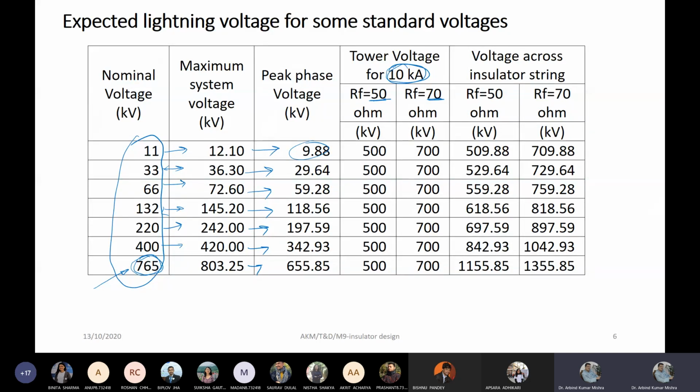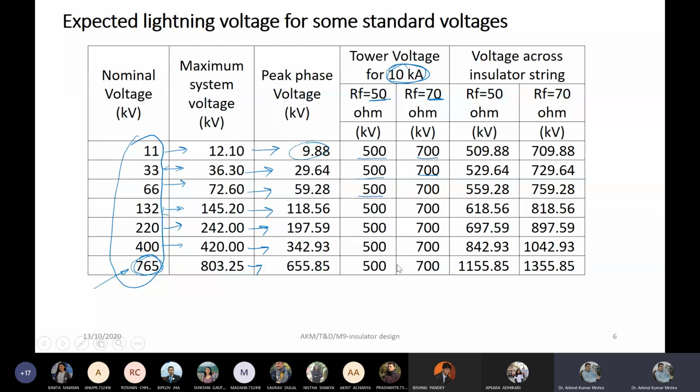That's why, when we discussed the air clearance calculation, and also in the first class of the insulator design, I mentioned that we assume the towers are properly and effectively grounded. So the higher the tower footing resistance, the more the tower voltage. As you can see here.